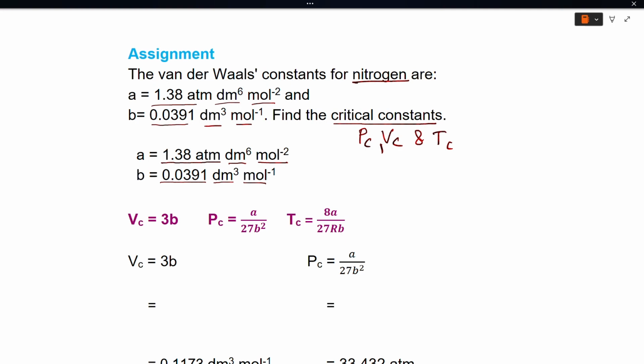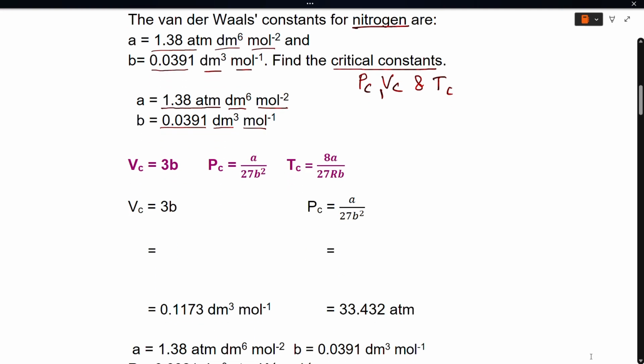And the relations are Vc is equal to 3b, Pc is equal to a by 27b square and Tc is equal to 8a by 27Rb. Using these relations, using the van der Waals constants, we are going to calculate the critical constants.